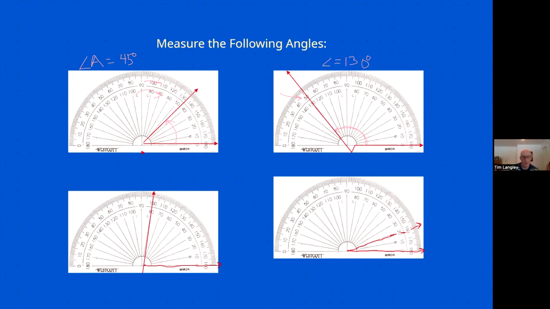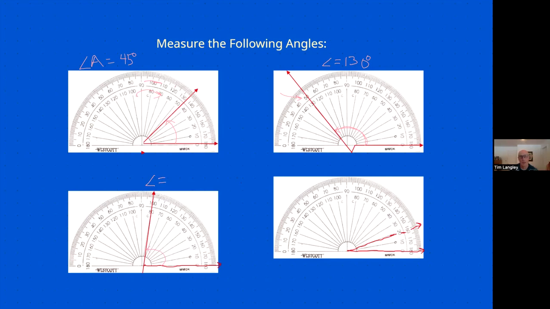If you look at the bottom left, can you tell me what the measure of this angle is? The angle equals, what would you say? Okay. And I will fill in, just to be crystal clear here, what part we're measuring. Okay. And so that looks like 60, 70, 80, right on the 80. So I'm going to say it's 80 degrees.